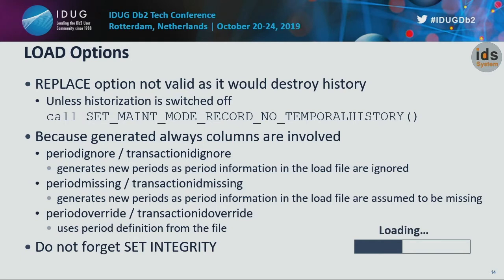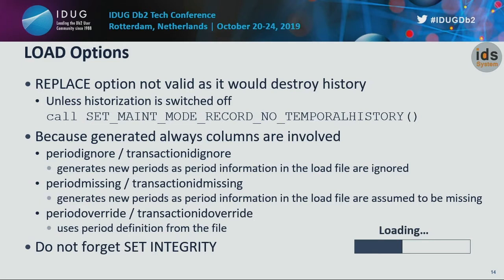That's cute. But adding a column does not destroy anything, right? Removing a column would, so remove column is not allowed. Load with replace is not allowed, because you would destroy history. Okay, just remember that. No operation that would destroy any history is allowed on a temporal table.